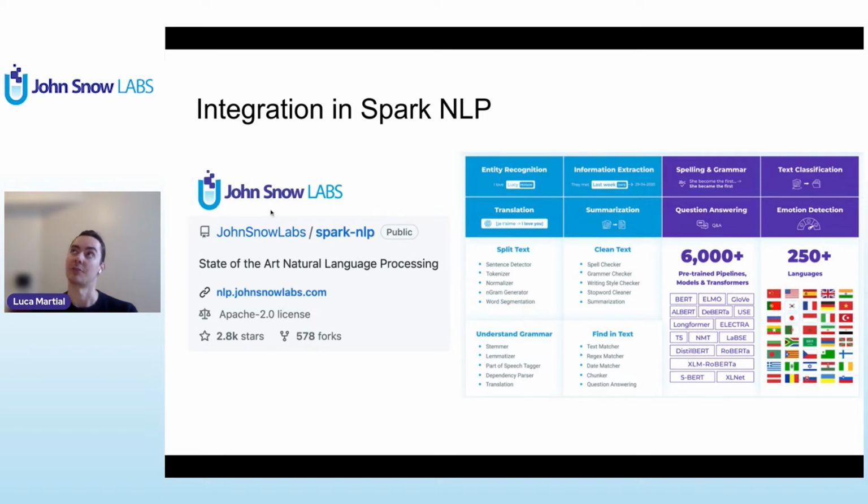It's at like 1.7, 1.8 right now, I believe. And as part of the library, there are over 6,000 pre-trained models available and over 250 languages. And as you can see, these include transformers like BERT, which are of interest today.